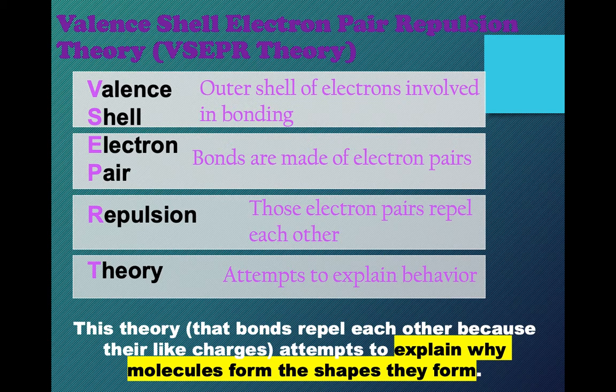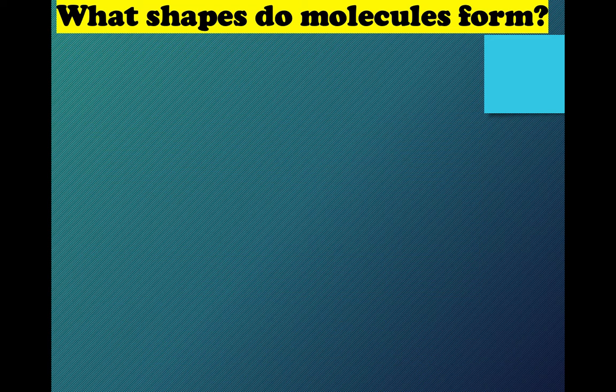When you have these little tiny magnets that the electrons become in 3 dimensions, the shapes we've gone over, the ones on the back of your orange sheet, linear, trigonal planar, bent, tetrahedral, trigonal pyramidal, bent again, that's what they turn out to be. And when we look at these molecules, that's how they actually are. VSEPR theory just tries to explain why molecules form the shapes that they form.